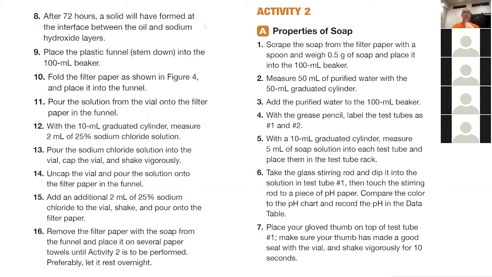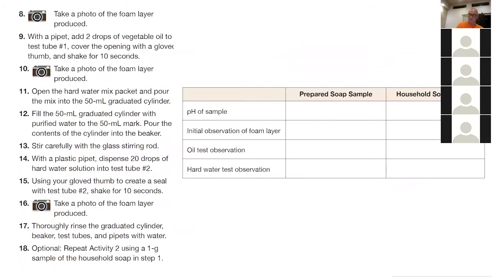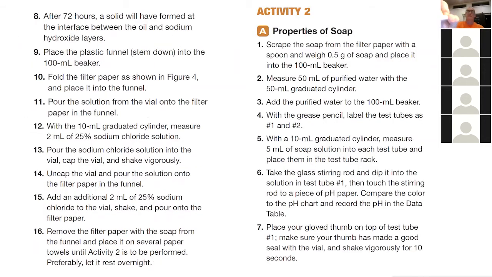But we're going to filter it, and then wash it with the saturated sodium chloride solution. That is the salting out. We want to make sure that all of the conjugate base is bound to sodium ions.